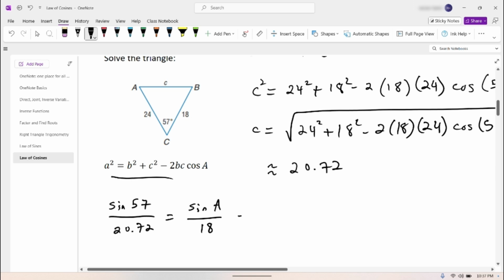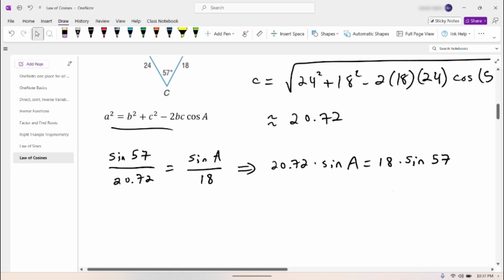All right, so then 20.72 times sine of A equals 18 times sine 57. Let me come down here now.